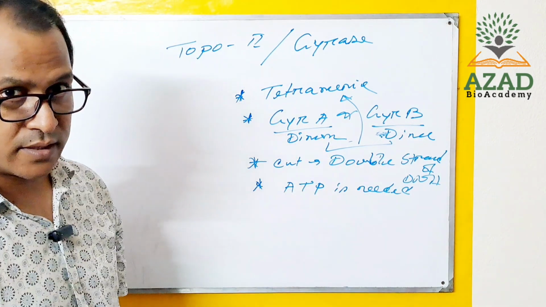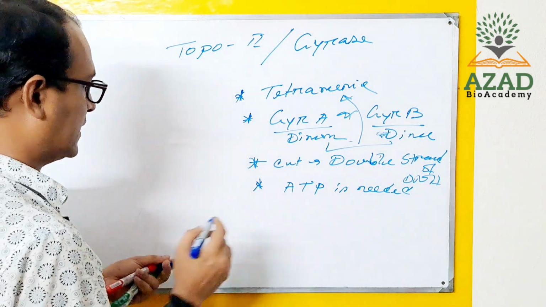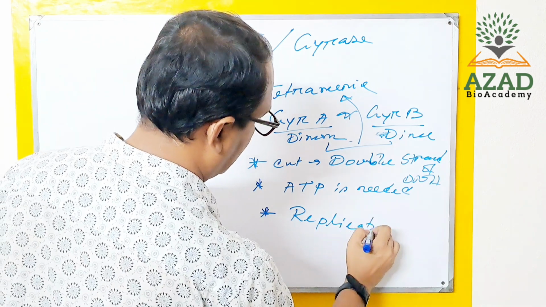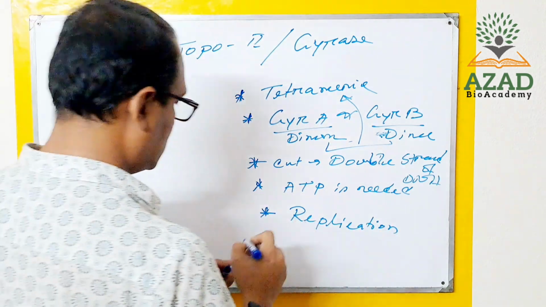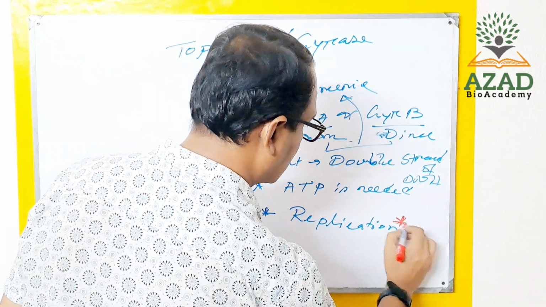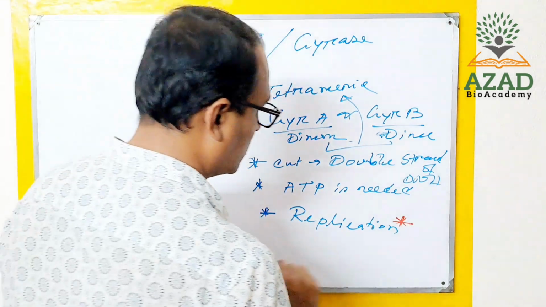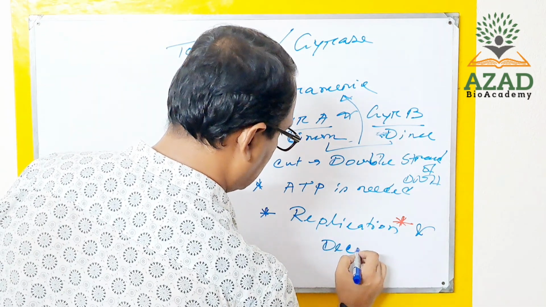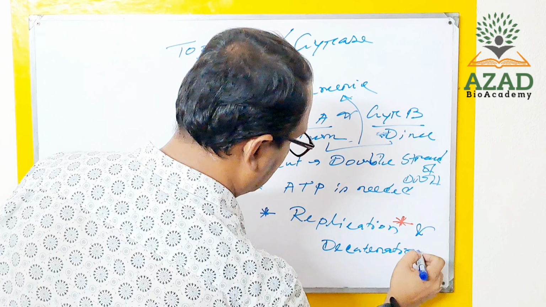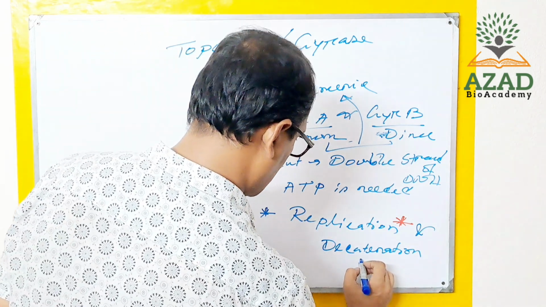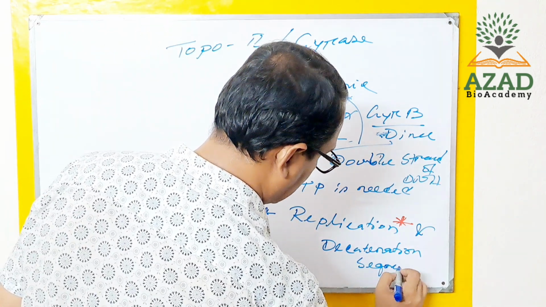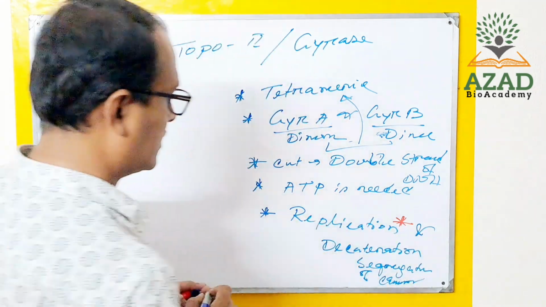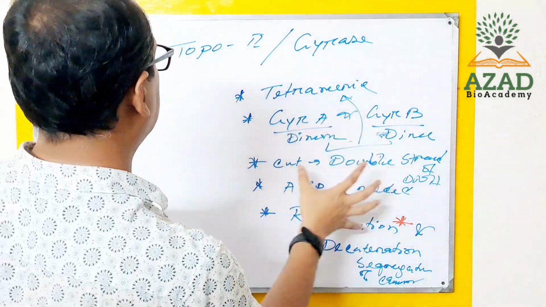Its main function is during replication, and it also has a function during decatenation. Decatenation means segregation of chromosomes. Okay, so this is the basic criteria of topoisomerase 2.